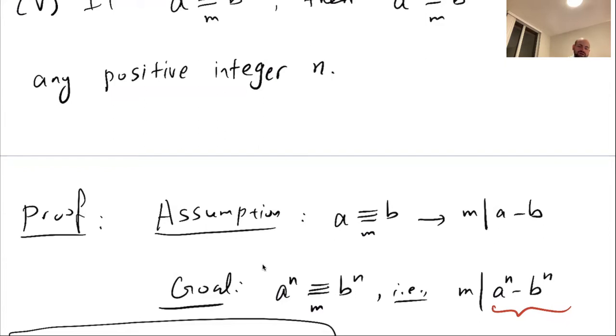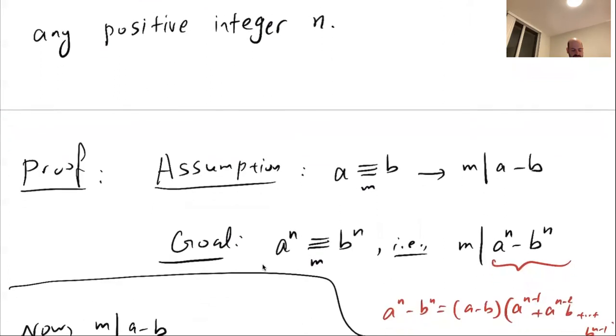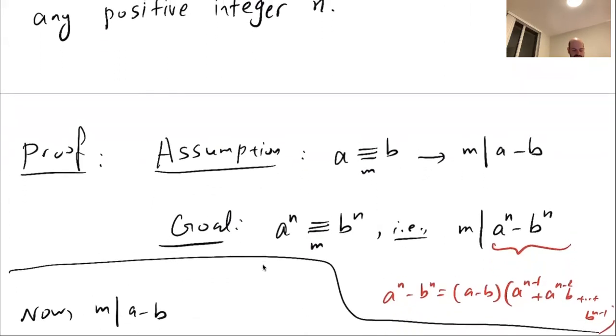Well, if you know about the identity for A to power n minus B to power n, you can also know about the factor that we need to multiply with A minus B to get A to power n minus B to power n. What is the identity for A to power n minus B to power n? The identity is A minus B times A to power n minus 1 plus A to power n minus 2 times B plus dot, dot, dot, all the way to B to power n minus 1.